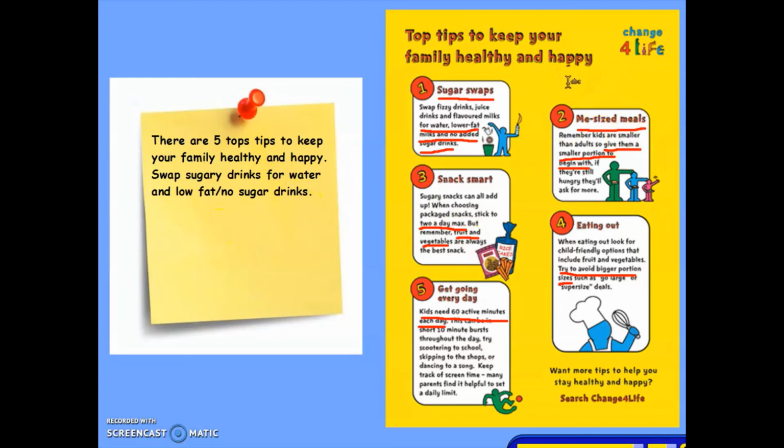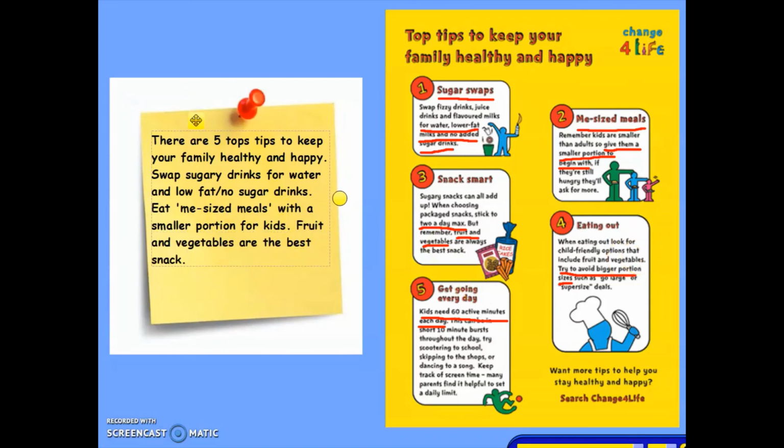Next we want to mention me-sized meals, because that's one of the points that we underlined. So I've summarised it to eat me-sized meals with a smaller portion for kids. For the snack smart box, the main point we want to make is that fruit and vegetables are the best snack. Fruit and vegetables are the best snack.